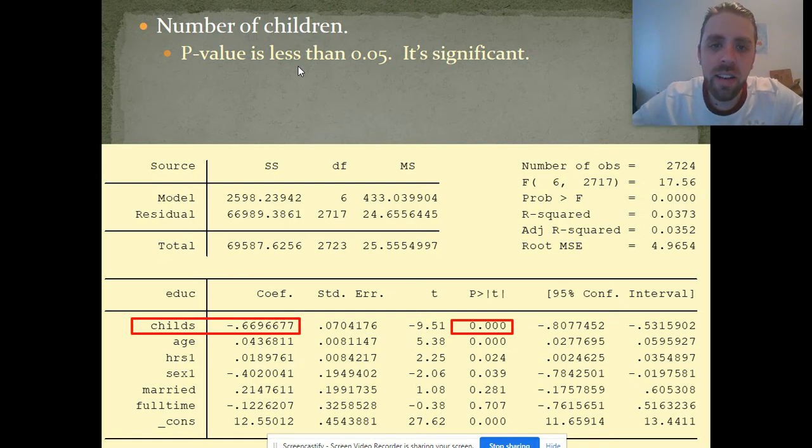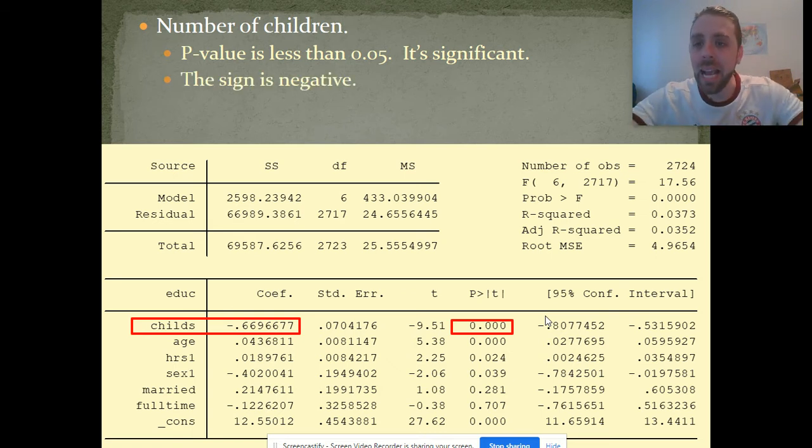You want to see a value that is less than 0.05. And if you see a number here of 0.000, that is understood to be less than 0.001. And if something is less than 0.001, it is also by extension and by logic less than 0.05. Okay? So it is a significant variable here.